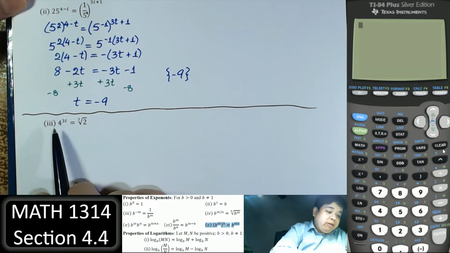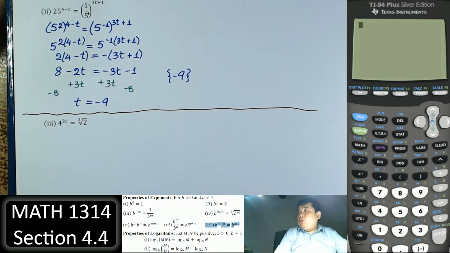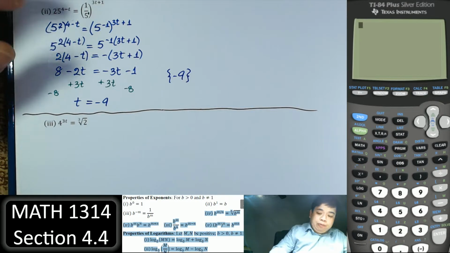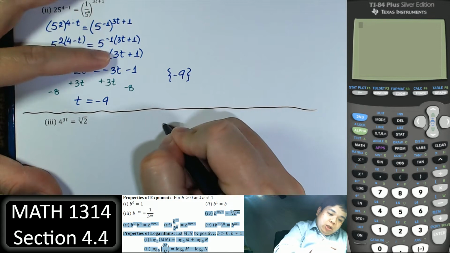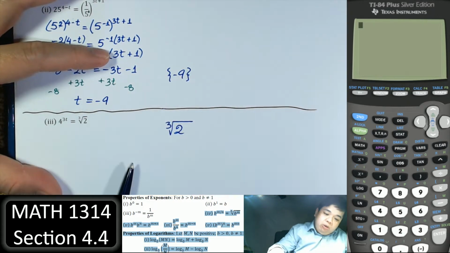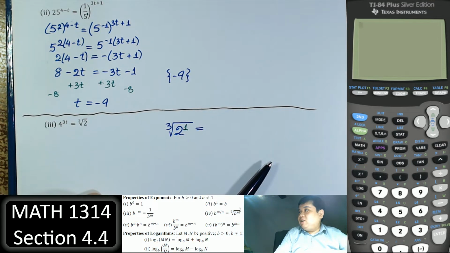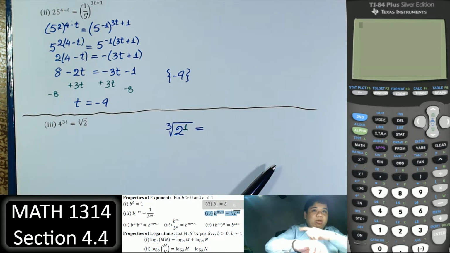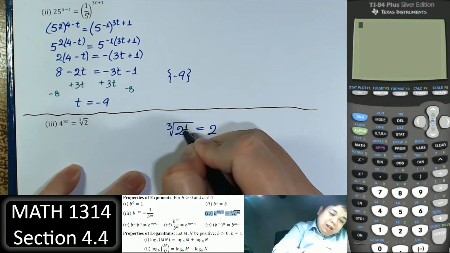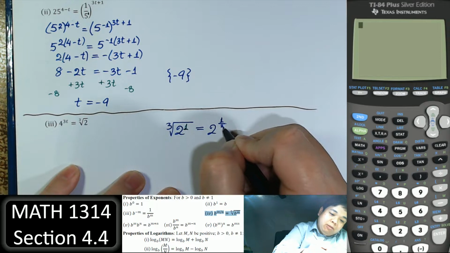Right. Next we have 4 to the 3t equals the cube root of 2. So we must rewrite the cube root in exponential form. Here we have the cube root of 2. By default, we can say 2 to the first power. And we use that property: we set the power on the top and the index of the radical, or the root, at the bottom.